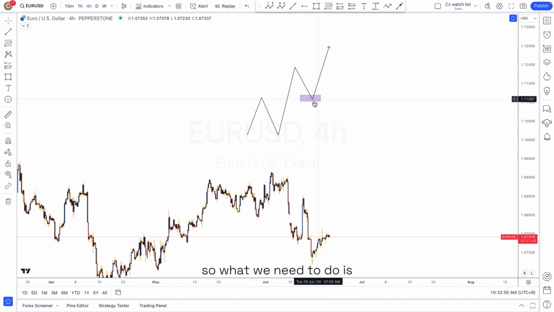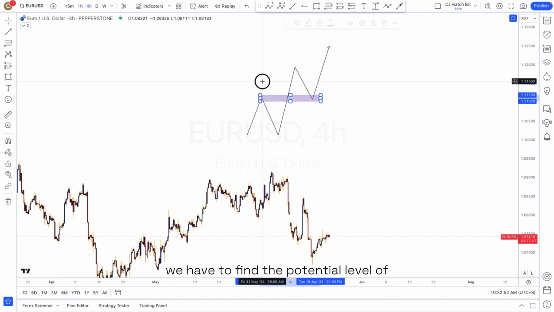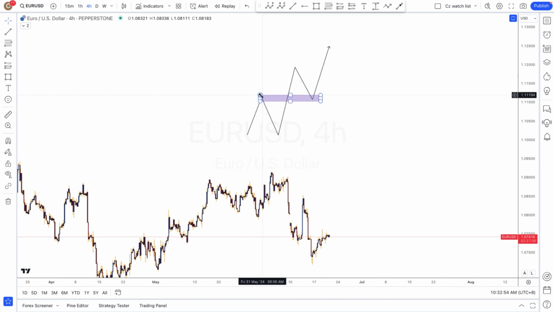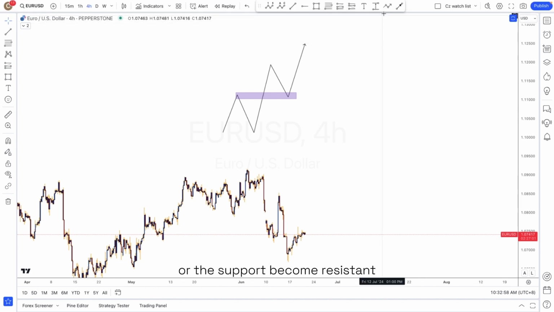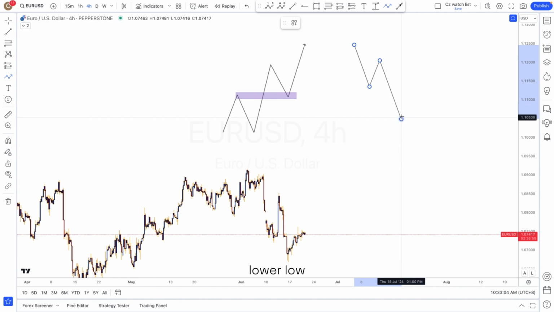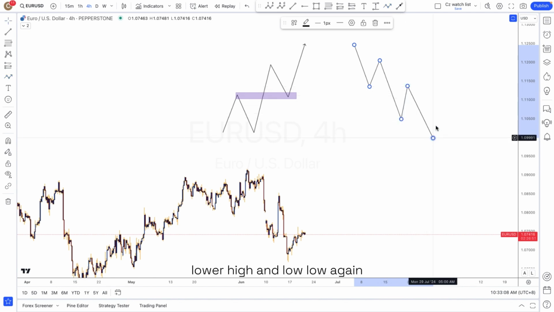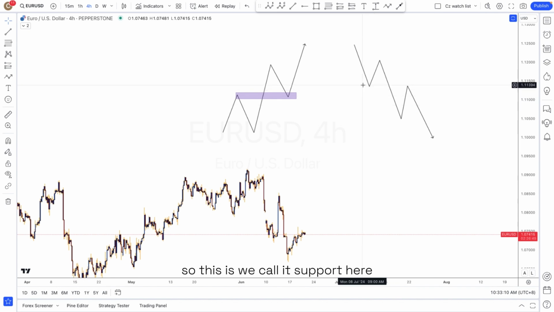So what we need to do is find the potential level of resistance become support or support become resistance, which is where we have the low, high, lower low, lower high, and lower low again. So this, we call it support here.